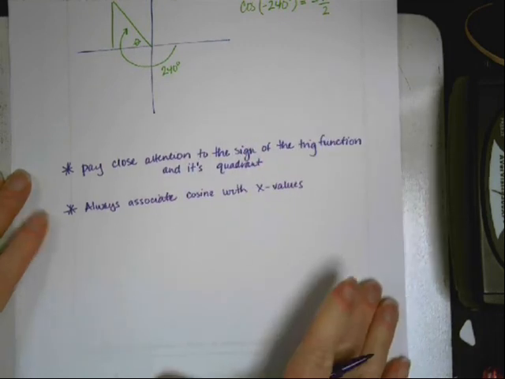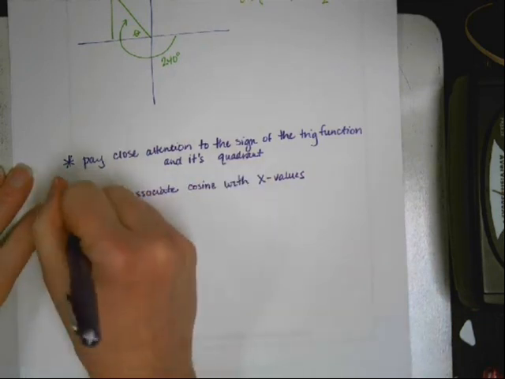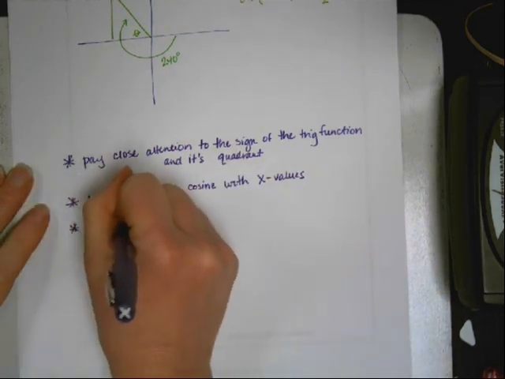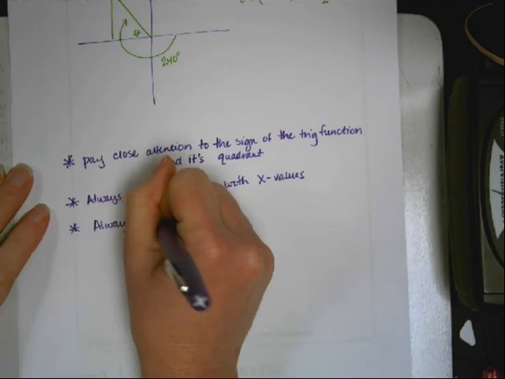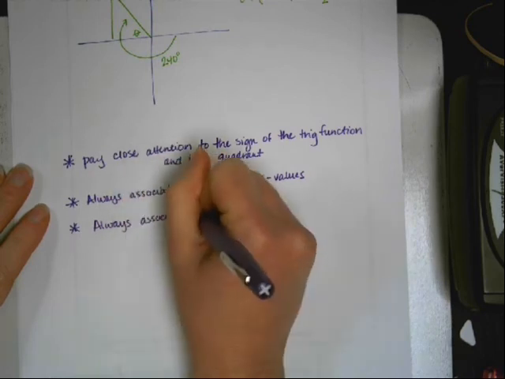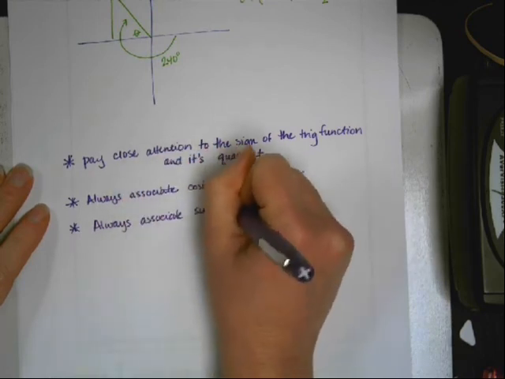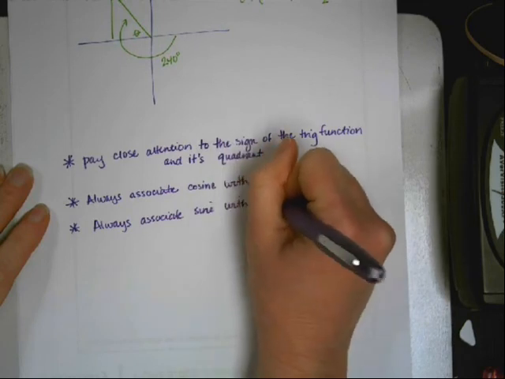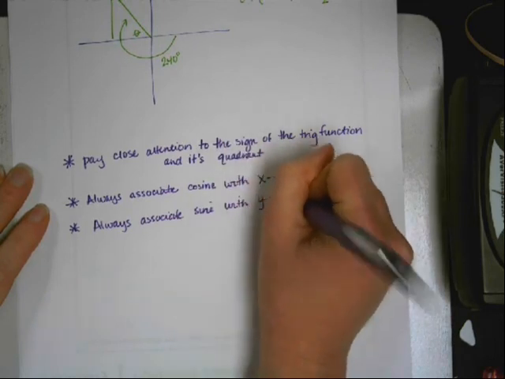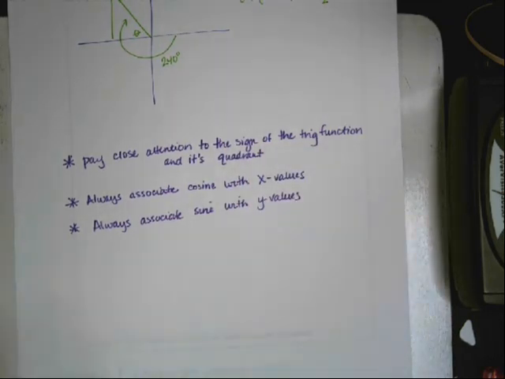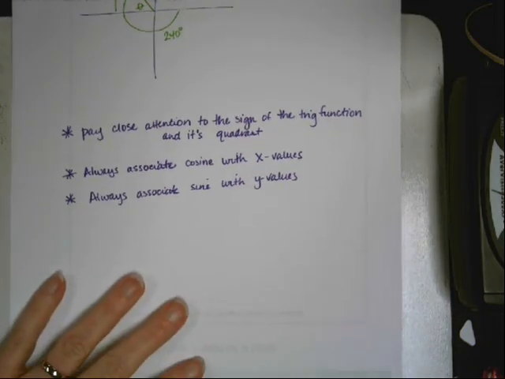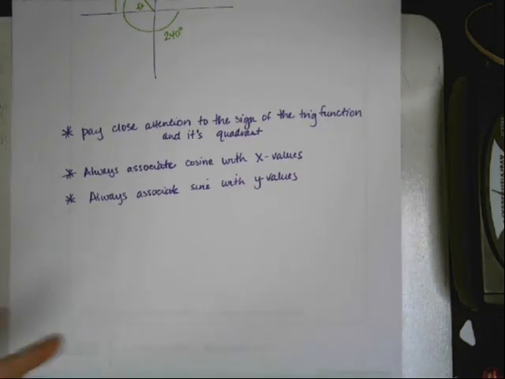Always associate cosine with x values, and always associate sine with y values. I don't know why, but we always say sine and cosine like that.